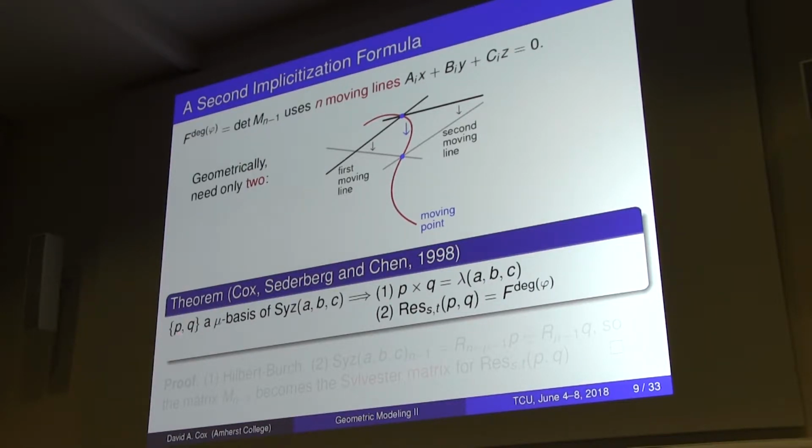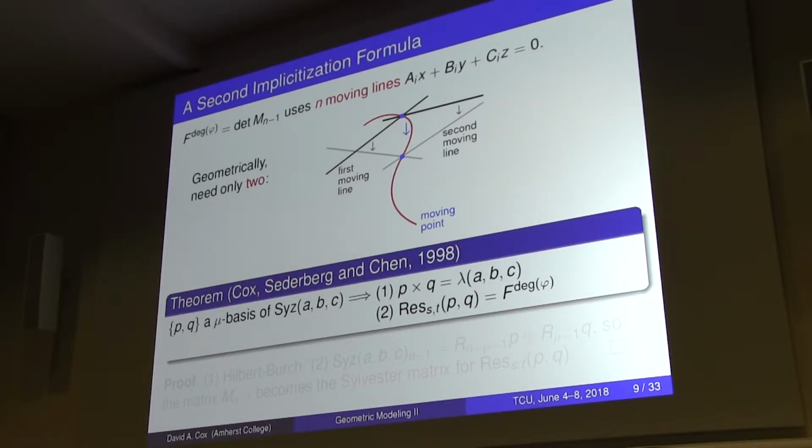Each of these is a syzygy, so each is a vector of 3 entries, so this is a 2 by 3 matrix, and you can take its maximal minors. Or you could just take the cross product, thinking of these as vectors, and again, that boils down to maximal minors. And so it turns out that your parameterization up to a constant is really just the maximal minors of the matrix you get from the mu basis.